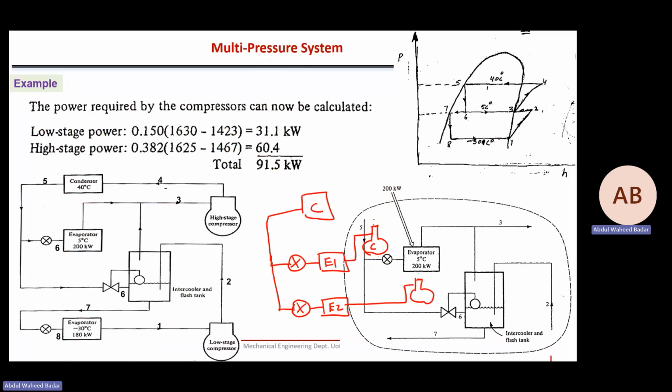So this compressor, C1, will directly send to the condenser, and C2 will directly send to the same condenser. Maybe like this. This is the second part: no intercooler, no flash tank. Both have their own separate compressors, but the condenser is the same one.